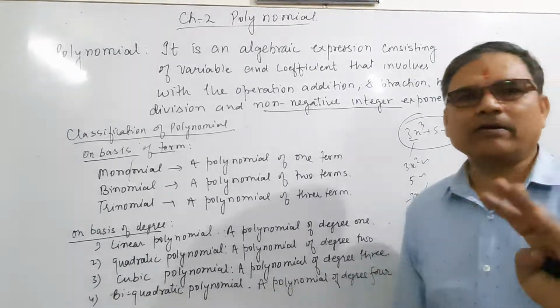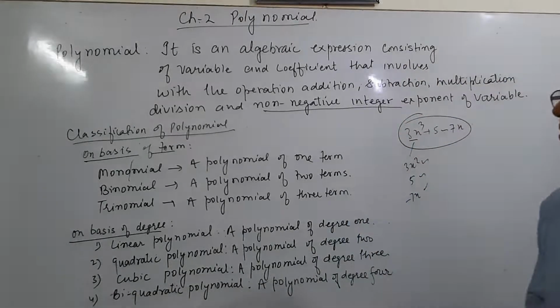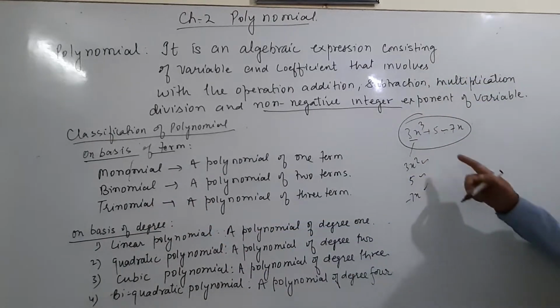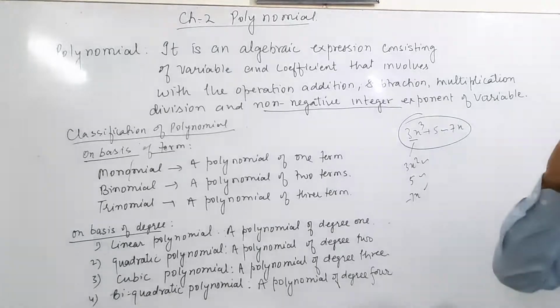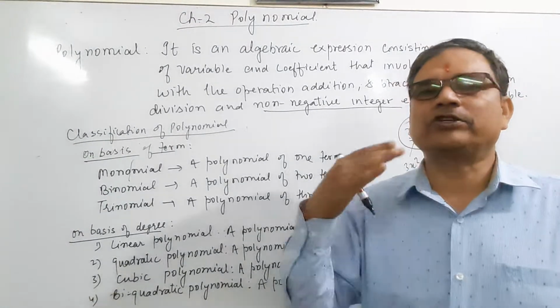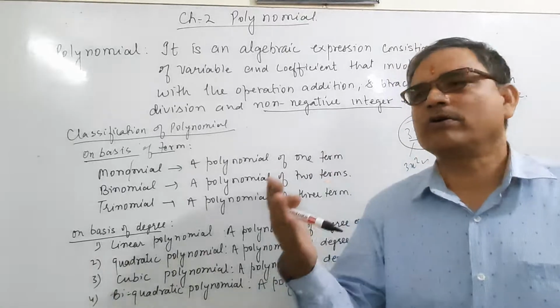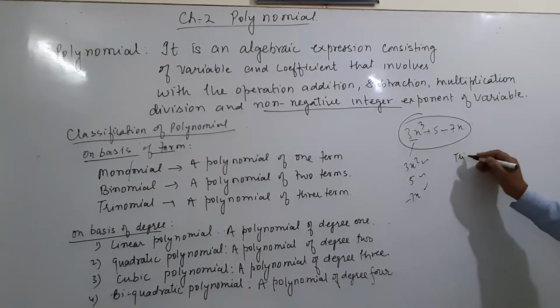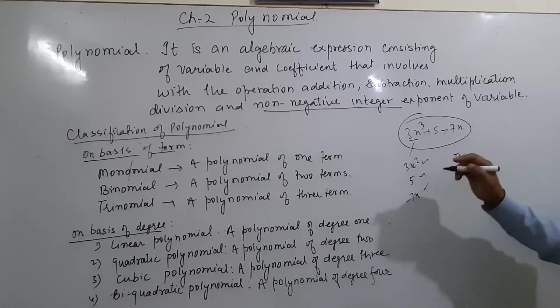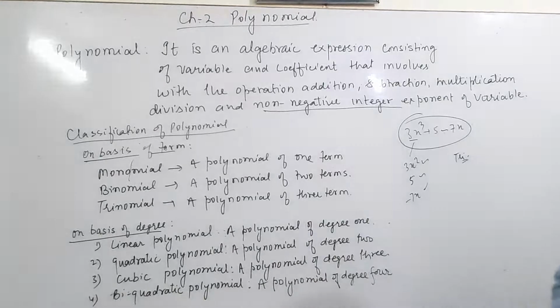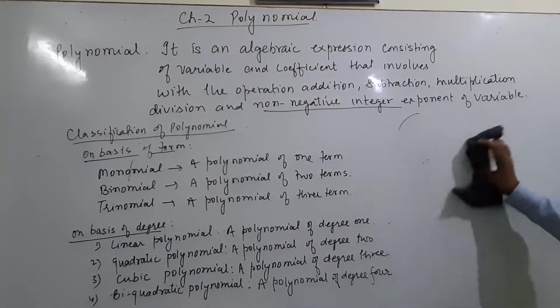It has 3 terms, therefore it is a trinomial. When a polynomial consists of 3 terms, it is a trinomial. The polynomial with 3 terms is known as a trinomial. Tri means three. Nomial means term. It means 3 terms.